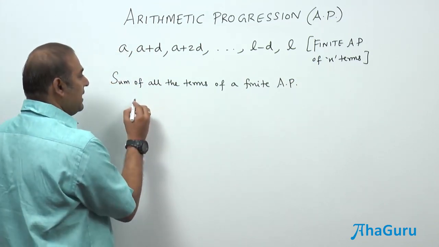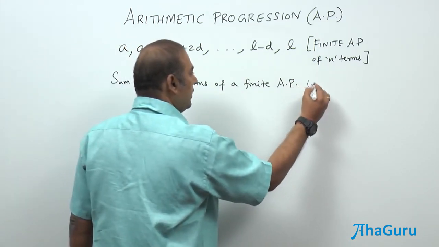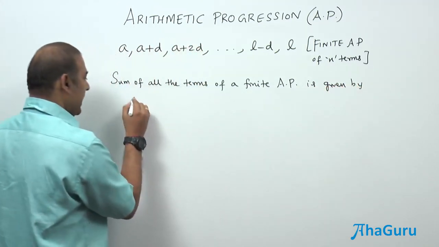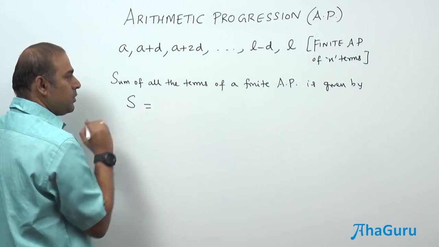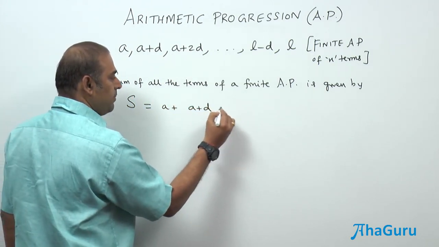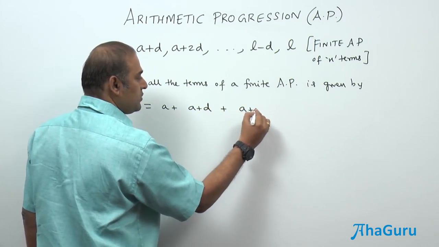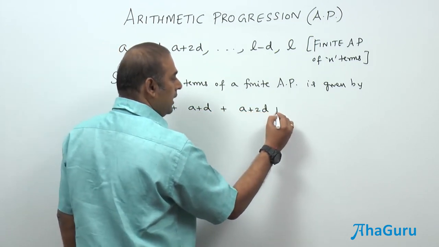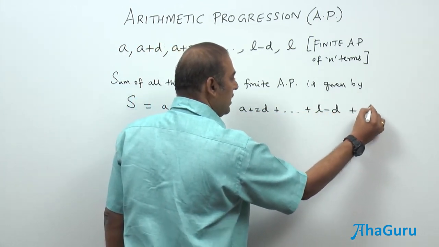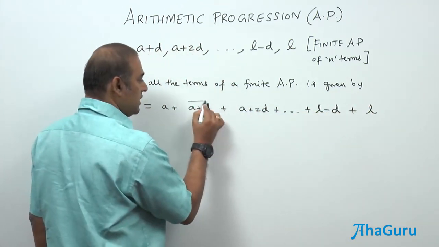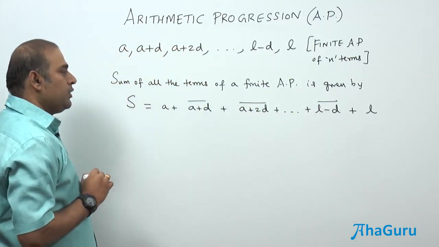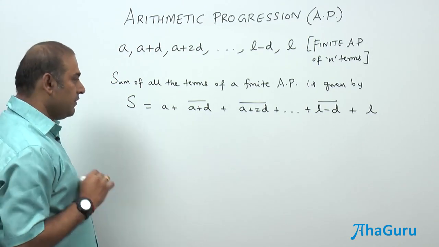So let us assume this sum to be S. So, S is equal to a plus (a plus d) plus (a plus 2d) is the third term, and so on, and the last but one term is L minus d, and L. So, these are the terms, right? And you want to add all these things, fine.